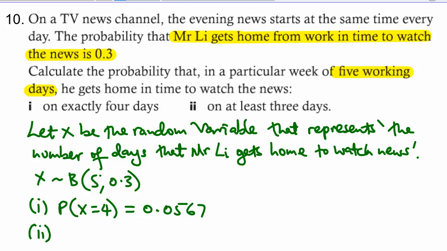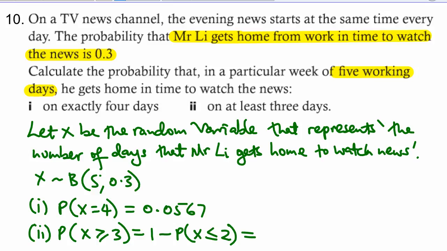And 2, the probability that he watches the news on at least 3 days. That means 3 or more, which will be 1 minus the probability of less than or equal to 2. Remember, these are discrete random variables, and your answer will be 0.163. All right.